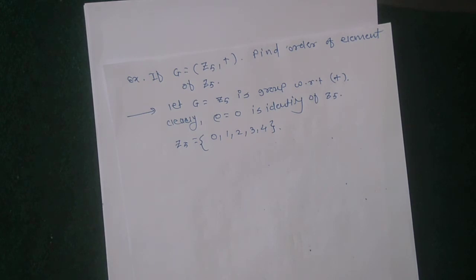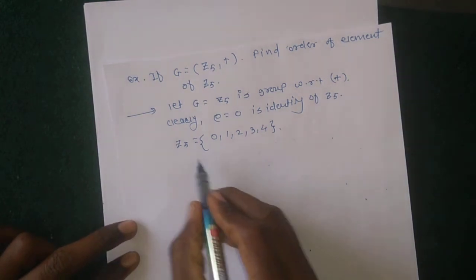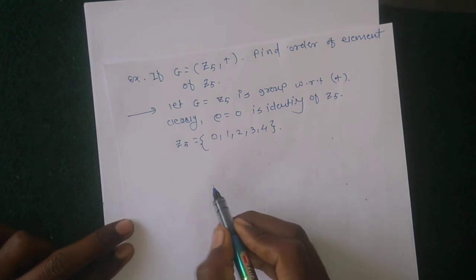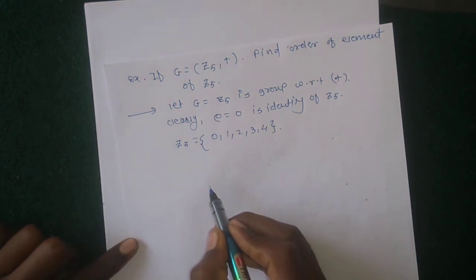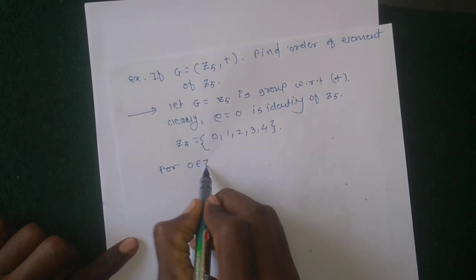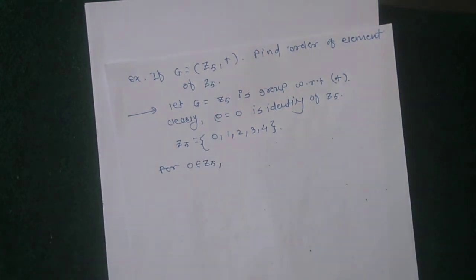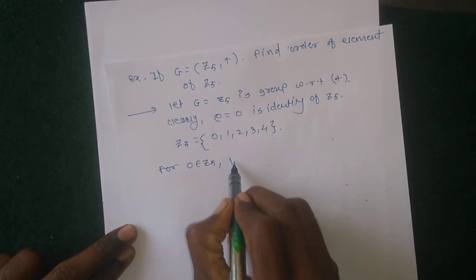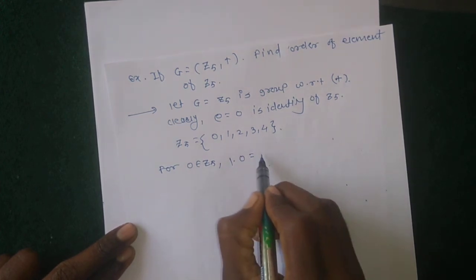How do we find the order of each element? Here the identity is 0. Therefore, for 0, what is the order of 0? 1 into 0 equals 0.